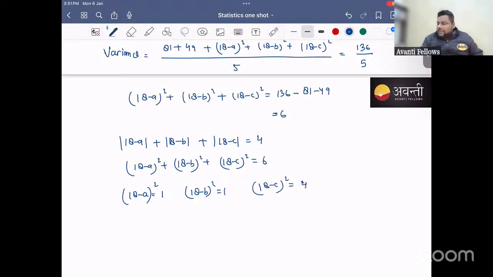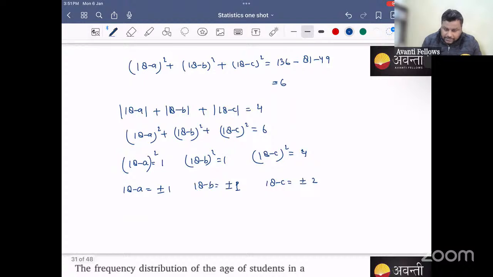There is no other way around. Understood? Or it can be like (18 minus A) square is 2, or (18 minus B) square is 1, and another one is also 1. That we will see later on. So from this, 18 minus A is plus minus 1, 18 minus B is plus minus 1, and 18 minus C is plus minus 2.